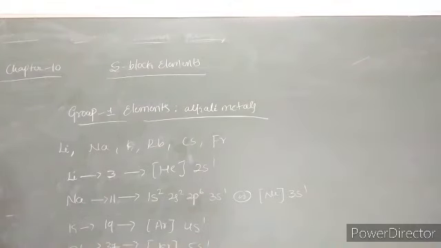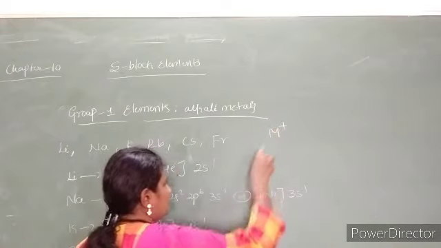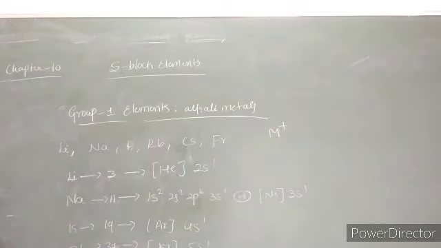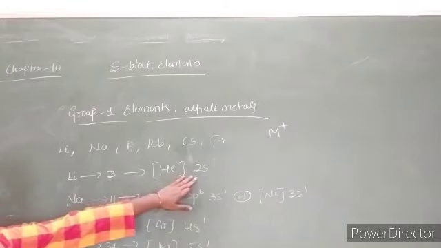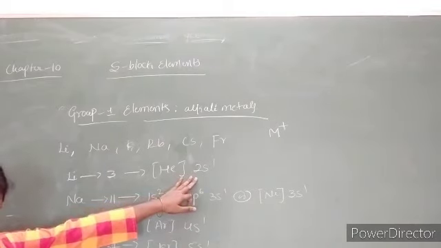In this way we can write the electronic configuration of alkali metals, and these have only one valence electron, so they form monovalent ions, that is M plus ions, and they show more electropositive character because the loosely held s electron in the outermost valence shell of these elements makes them the most electropositive metals.